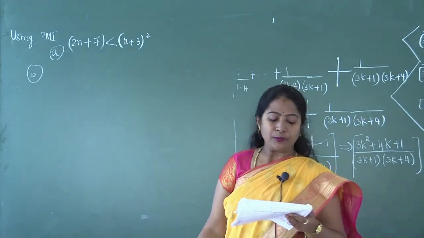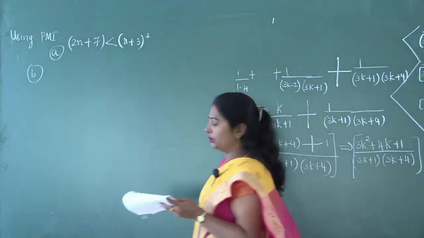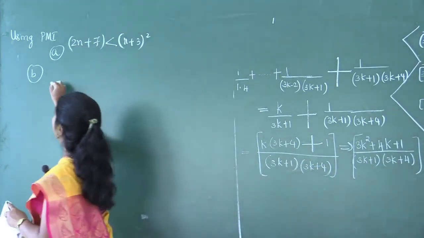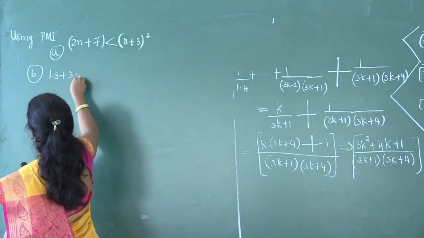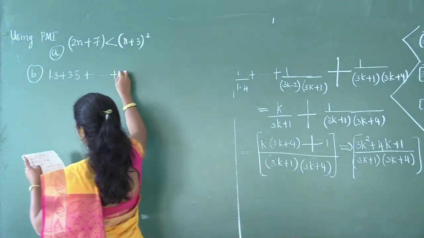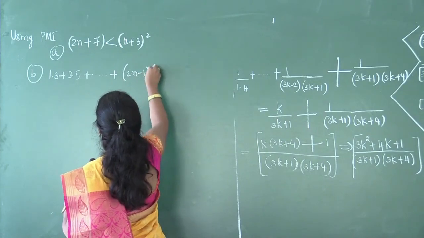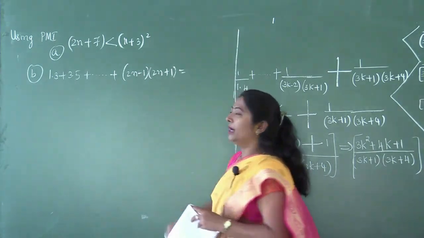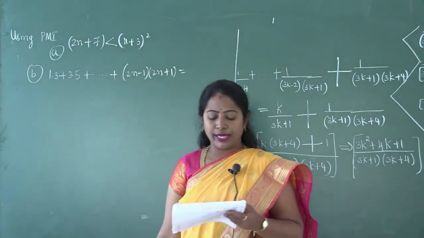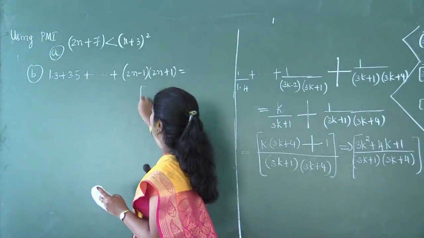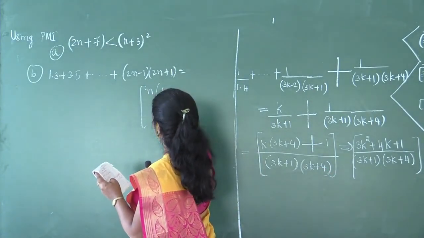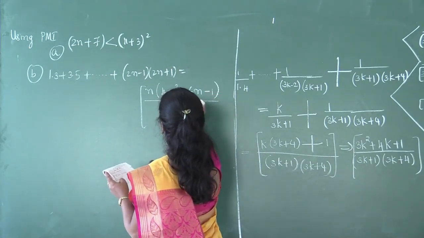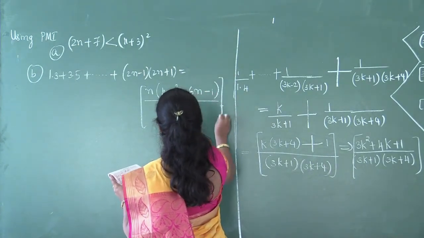And the next problem is, using PMI, prove that 1 into 3 plus 3 into 5 and so on, plus (2n − 1)(2n + 1), is equal to n(4n² + 6n − 1) divided by 3.